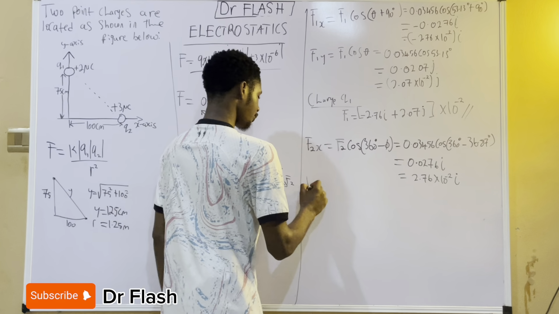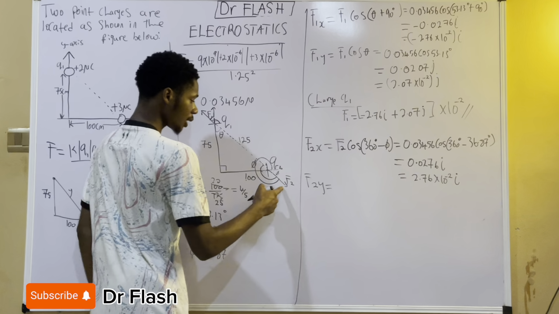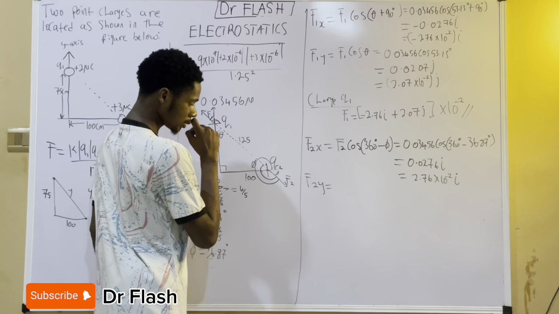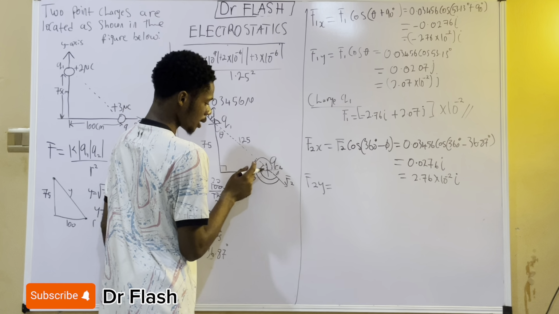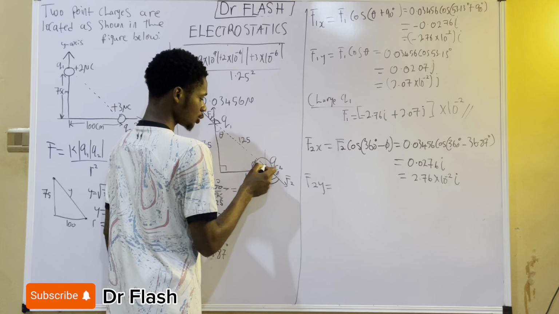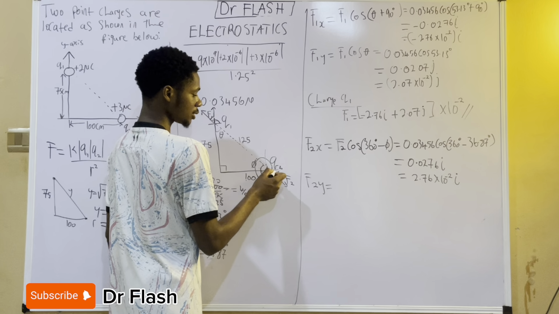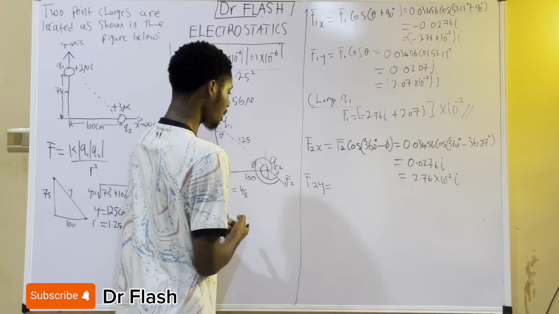And then for the other one, f2y, we are resolving down to the y-axis instead. Here we are resolving down to this axis. From here to here is 90, here to here is 180, here to here is 270.